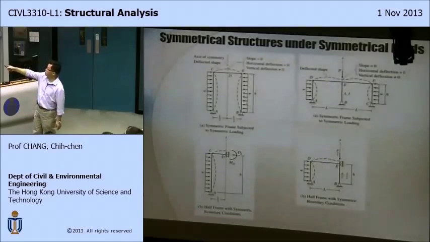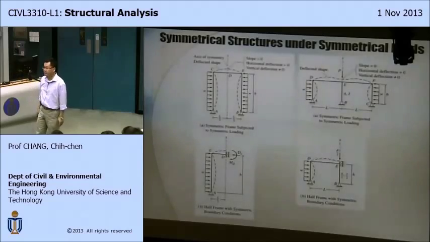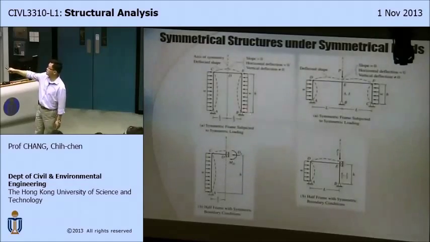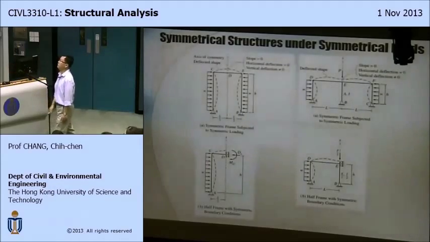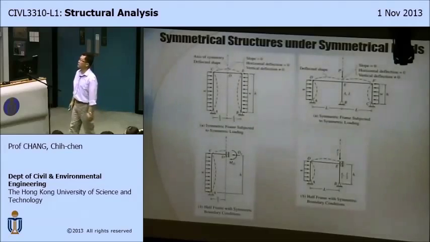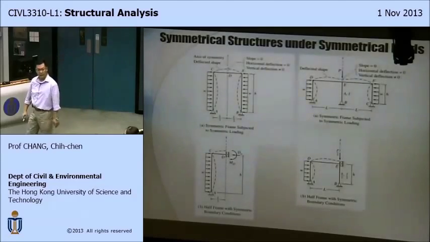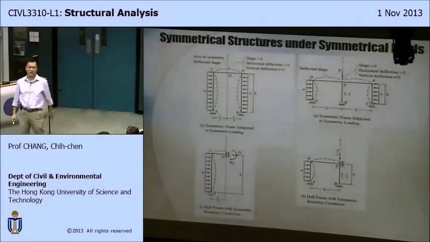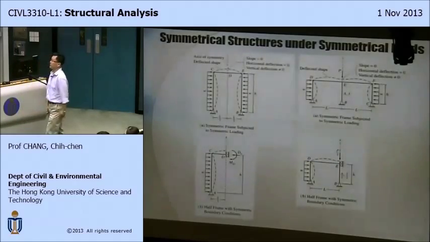So, symmetrical structure under symmetrical loads, the deformation goes like that, and you find out that at the axis of symmetry, there, you have a property of slope equal to 0, horizontal deflection equal to 0, vertical deflection not equal to 0, bending moment not equal to 0, just like what we just saw in the previous slide.